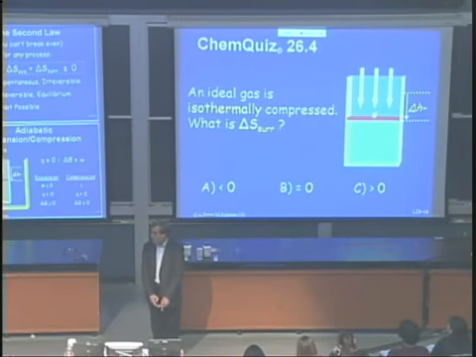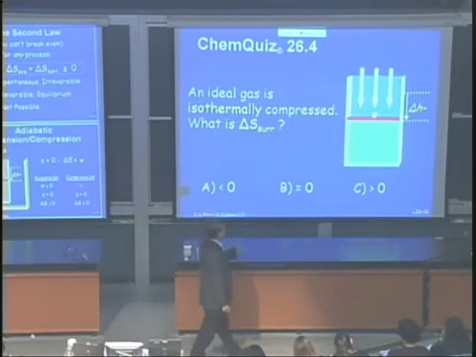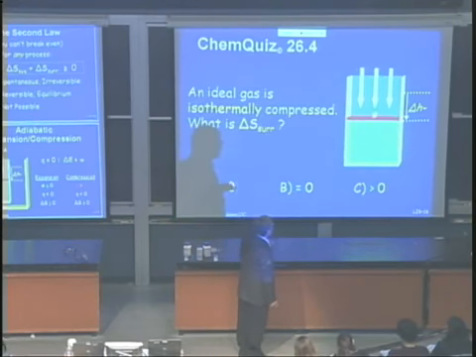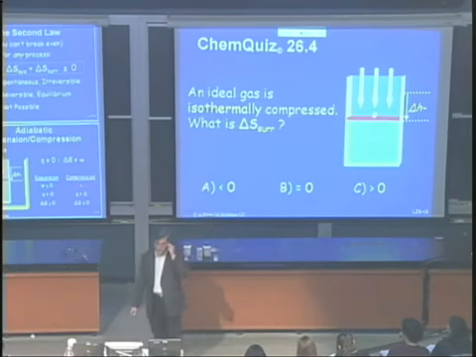Delta H increases, or delta E increases. But I want it isothermal, so heat has to flow out, all right? Heat flows out. With this, I have fewer microstates, so the delta S of the system was smaller than 0. We did that, okay?